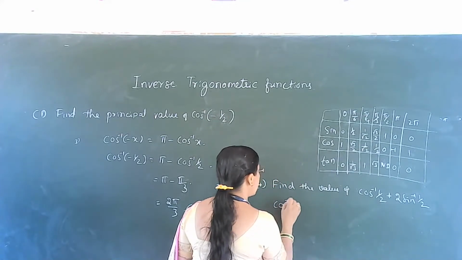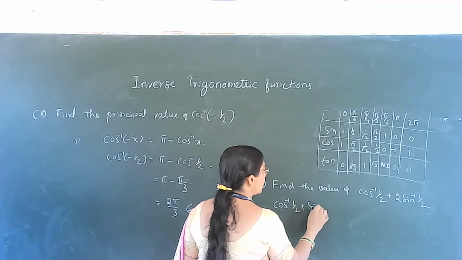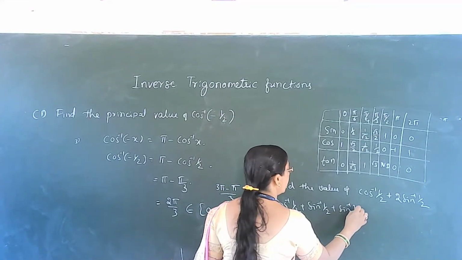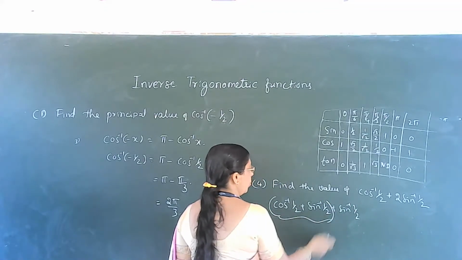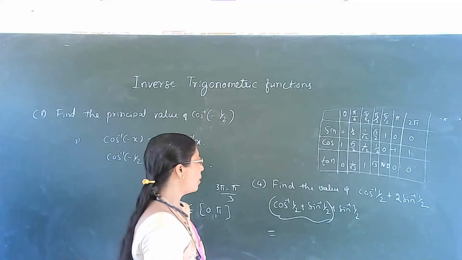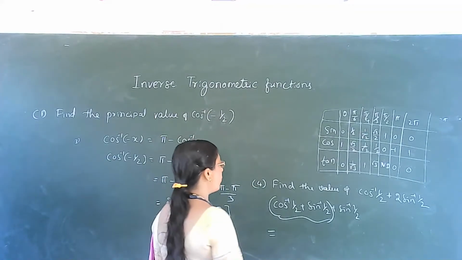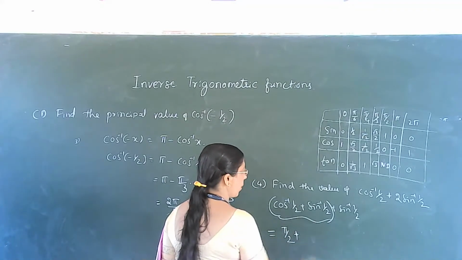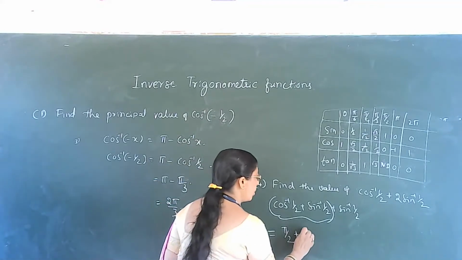Therefore, we can write cos inverse 1 by 2 plus sin inverse 1 by 2 plus sin inverse 1 by 2. Putting the value, cos inverse 1 by 2 plus sin inverse 1 by 2 is equal to π by 2, plus sin inverse 1 by 2 is equal to π by 6.